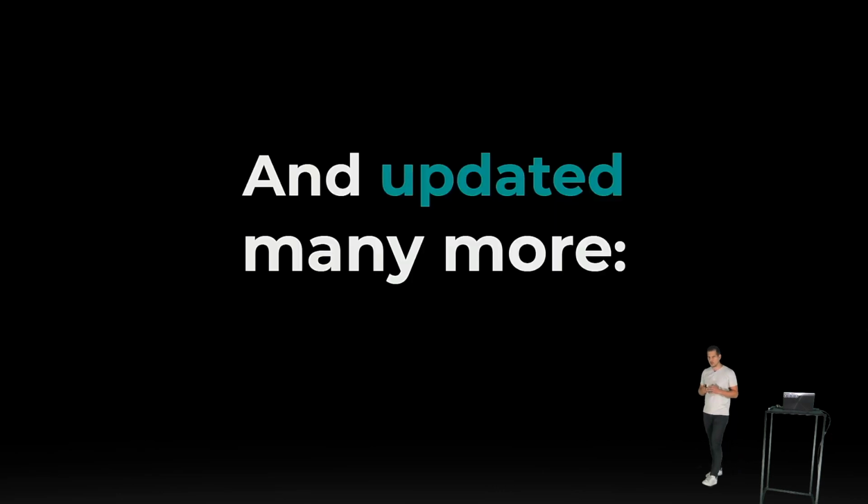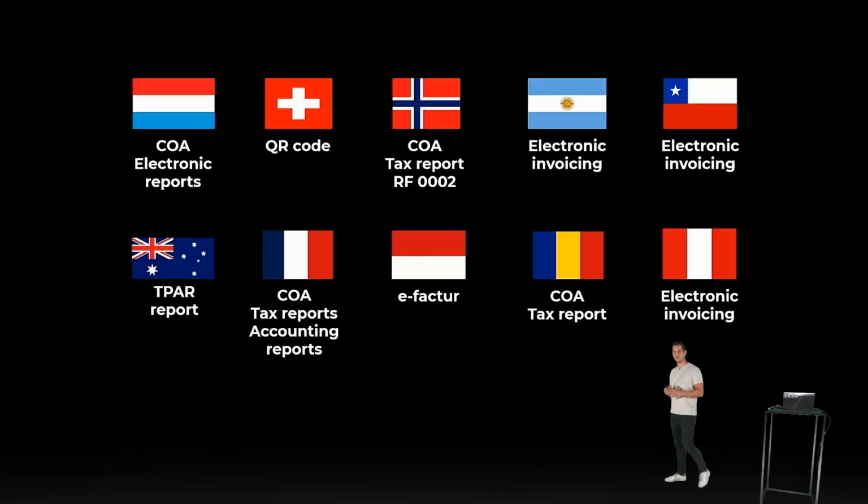But we updated many more of them. First of all, for Luxembourg, we completely redefined the chart of accounts and we created the electronic reporting that they need over there. For Switzerland, we created a completely new QR code that they can use on their customer invoices that is different from the other one in Europe. For Denmark, we completely updated the chart of accounts and created their specific tax report.